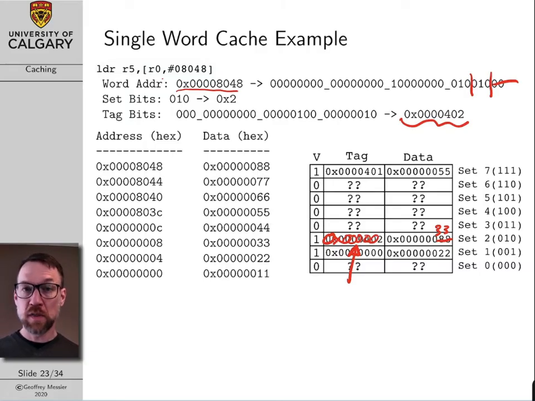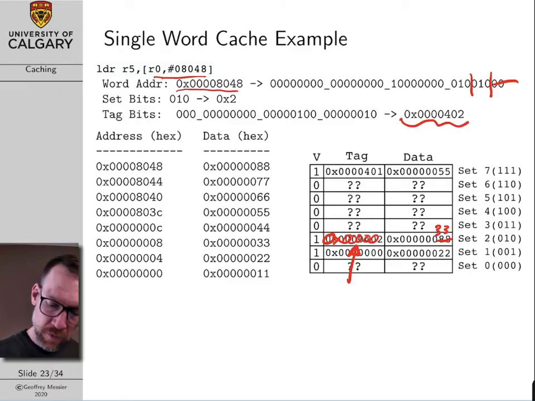The reason why we do this is temporal locality. Because we're accessing the data at address 8048 more recently, we assume that it's more relevant than the old data that's already stored in the cache, and so we just replace the old stuff. So the cache will always overwrite old data.